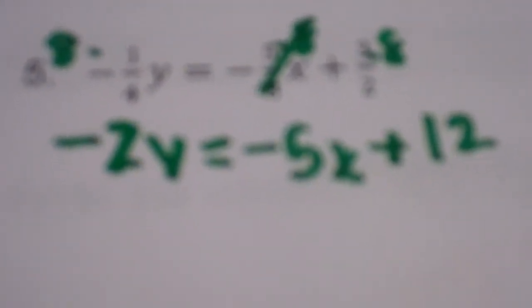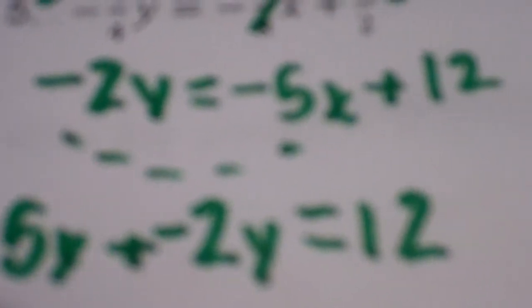Then those 8s will just cancel. Negative 5x. And finally, 3 times 8 divided by 2, 12. Do my last step, move the x term over, and I've got 5x. It's positive now because it was negative. Oops, I should have put negative 2y equals 12. Good job.